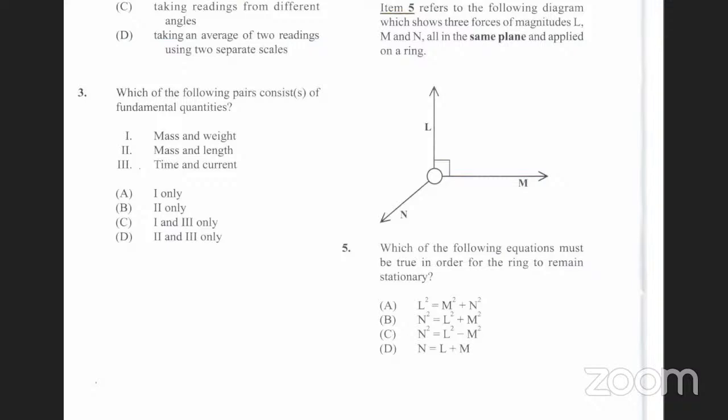All right. What you all got here? You're not seeing the answers? This thing stick here. Which of the following equations must be true to be stationary? L squared is equal to m squared plus n squared. Answer is A, apple. Oh, wait. I don't know what A is. A was what? That's wrong. Hold on.